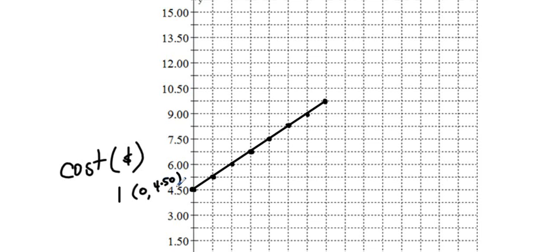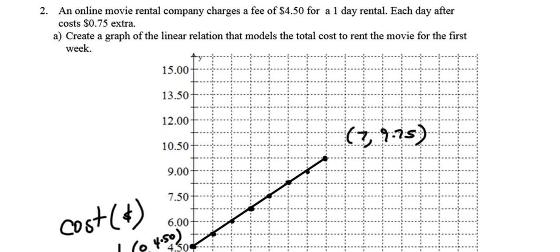Ignore that little line to the left there. And the next point, we could label any of these points, but if I label this one, this is the 7th day, and it looks like we're at 975. Okay, so that's good enough for part A.